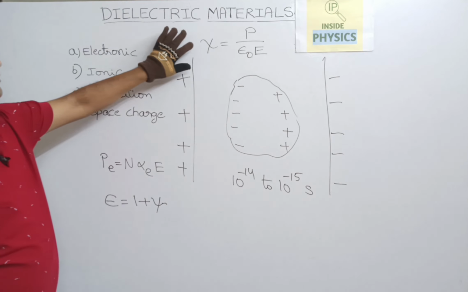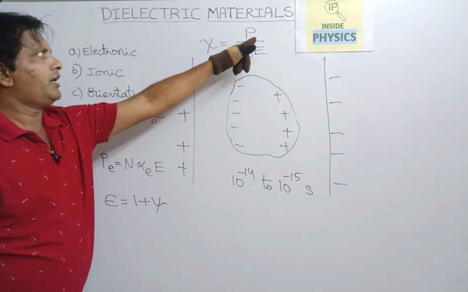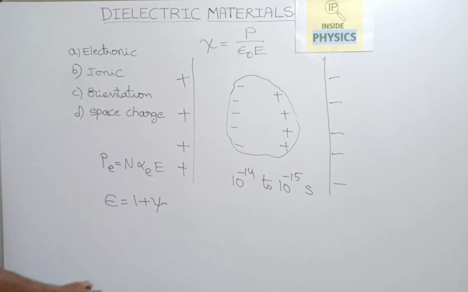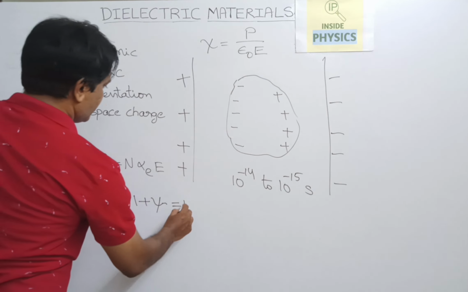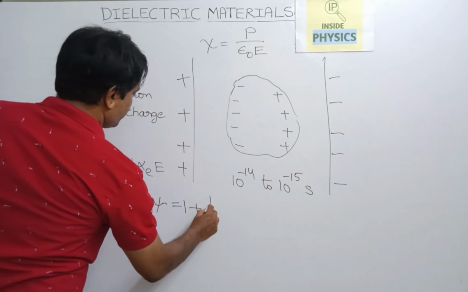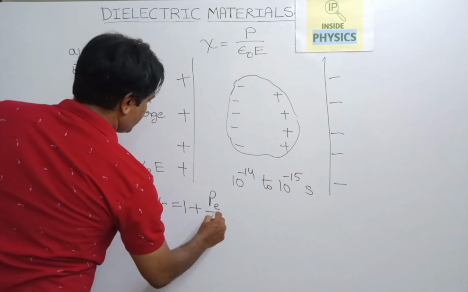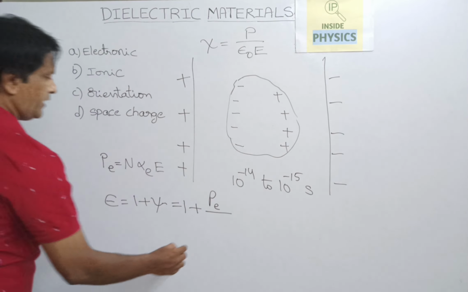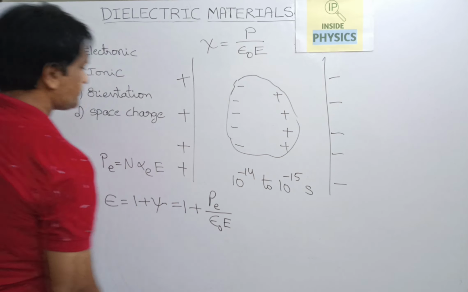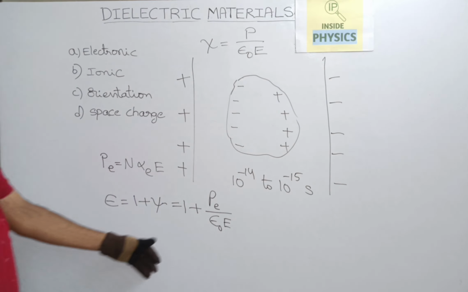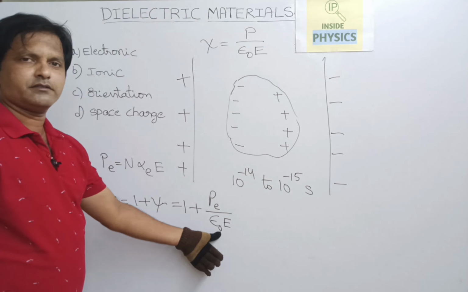By assuming the susceptibility and polarization relation, we can replace the susceptibility psi with Pe by epsilon naught E, where epsilon naught is the permittivity of free space.